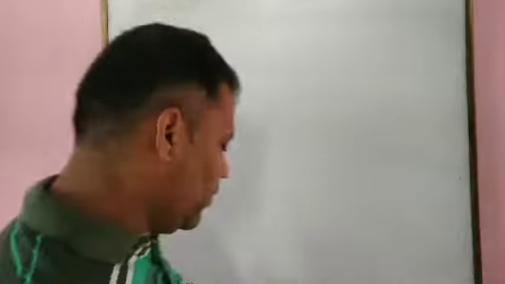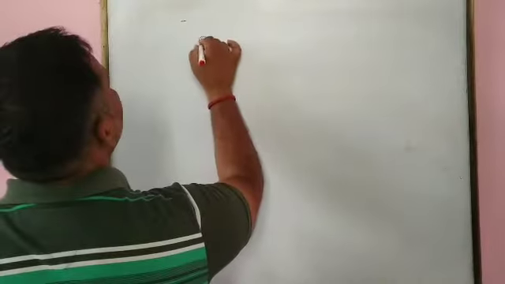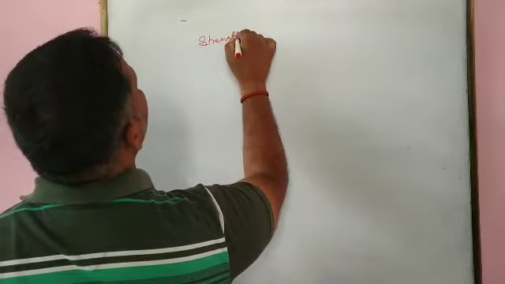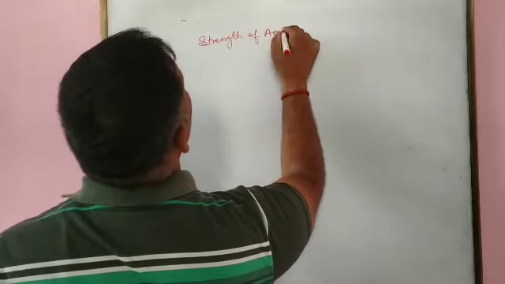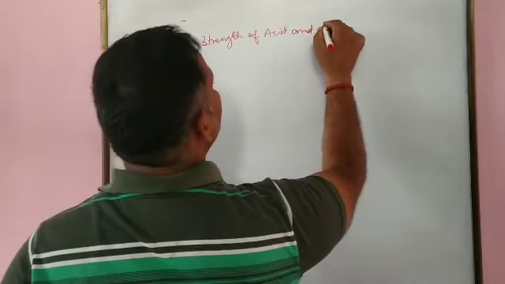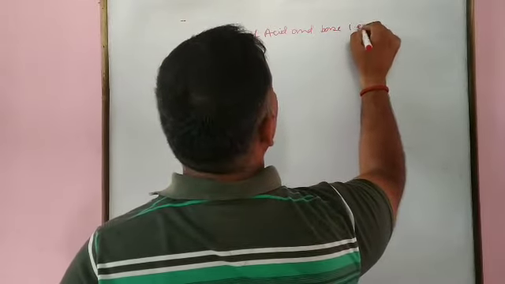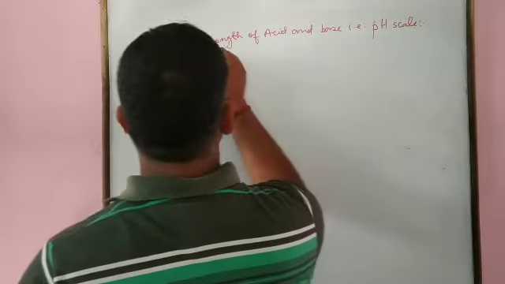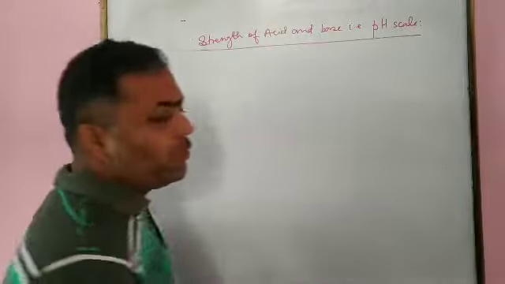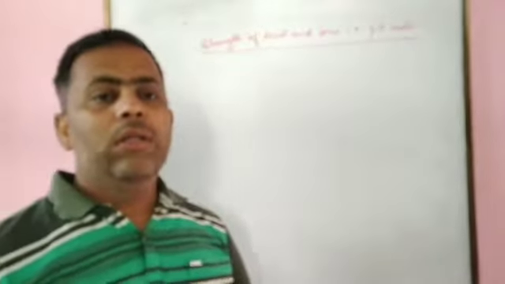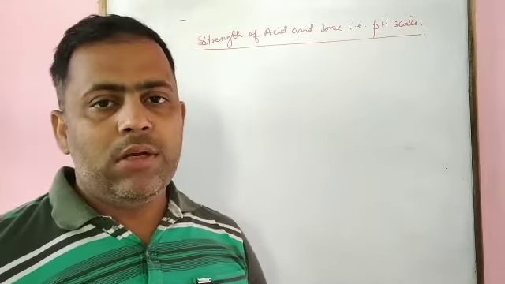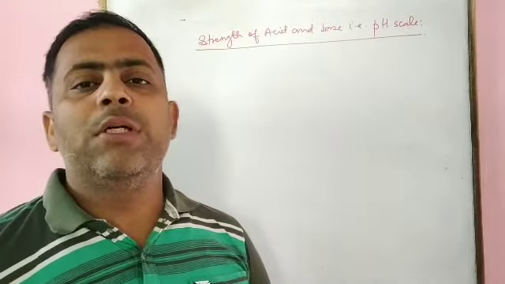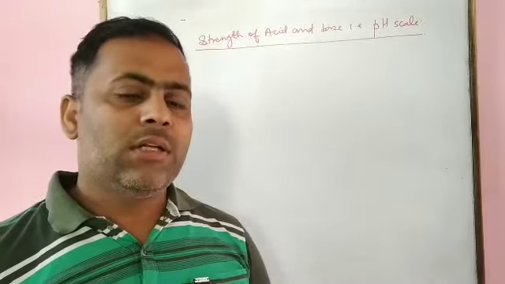Next, we will discuss the strength of acid and base, that is the pH scale. We know that if we are provided with a solution, then with the help of litmus paper, we can test it as acid or base.